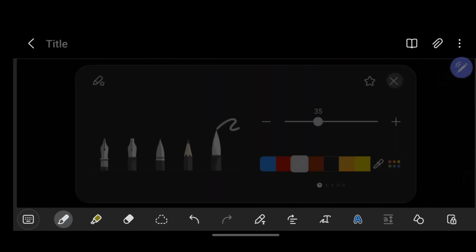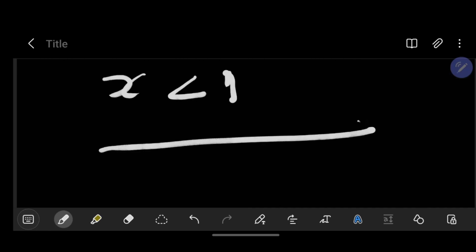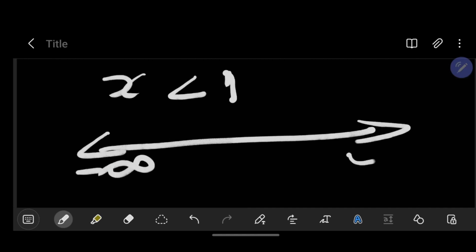So let's look at an example with x that is less than 1. If we are to draw this on the number line, we have negative infinity going to infinity. We're going to have our 1 here.